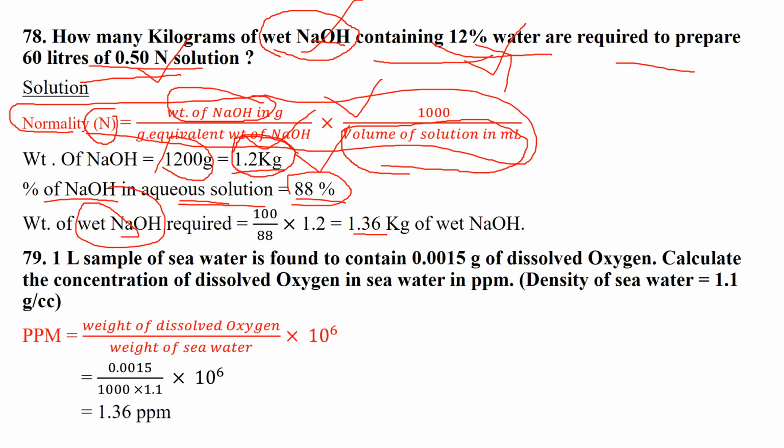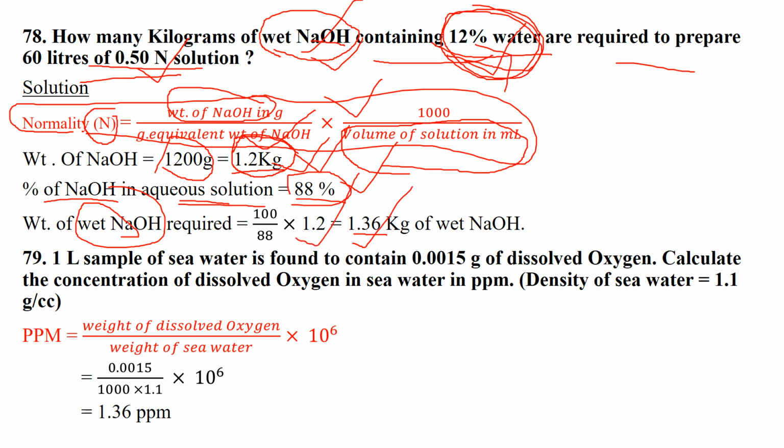However, the given wet NaOH contains 12% water. 12% water means it contains only 88% NaOH. Then the wet NaOH containing 88% NaOH should be a higher value than the 1.2 kg. The answer will be 1.36 kg of wet NaOH.